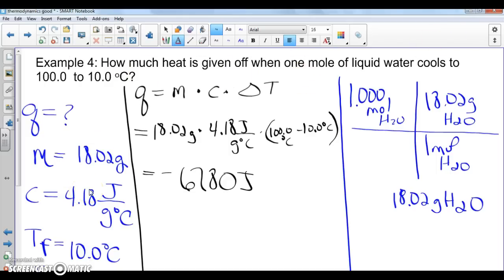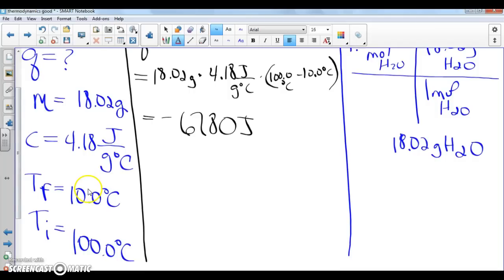It does tell me that it's water, so I automatically know C. Keep in mind that if it's water, I don't expect that I have to give you C. I expect you to be able to get it from your blue card, 4.18 joules per gram degree Celsius. I do know that it cools from 100 degrees to 10 degrees, so my TF is 10 degrees, and my TI is 100 degrees Celsius.